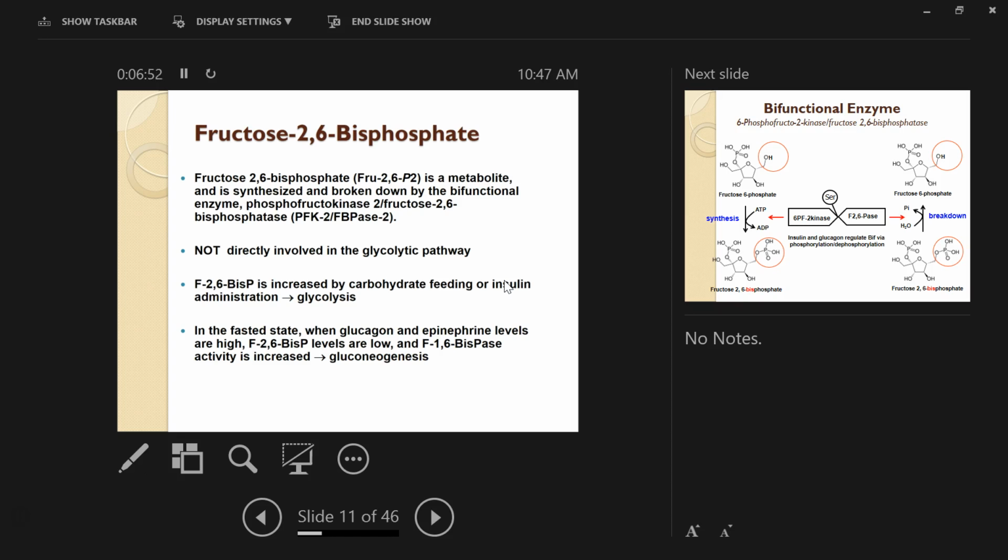In the fasted condition, when glucagon or epinephrine levels are increased, the intermediate levels are low, and the key enzyme activity in the gluconeogenic pathway is increased, which can lead to gluconeogenesis. That's kind of confusing.